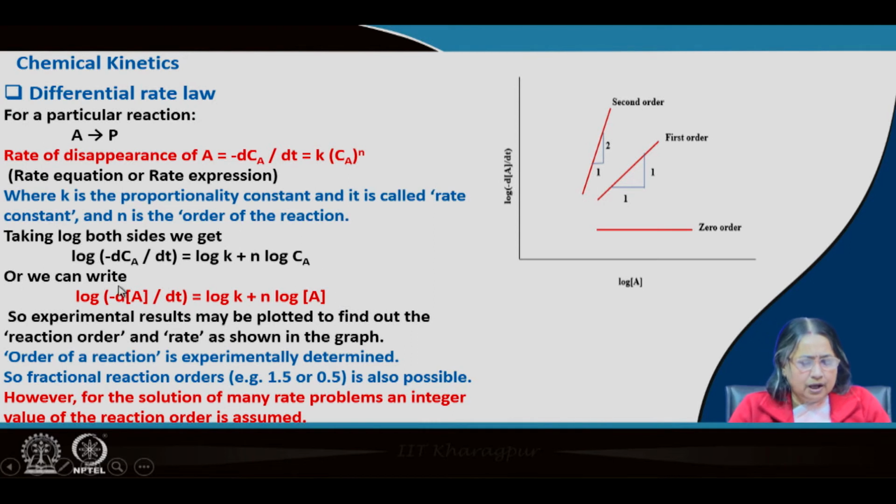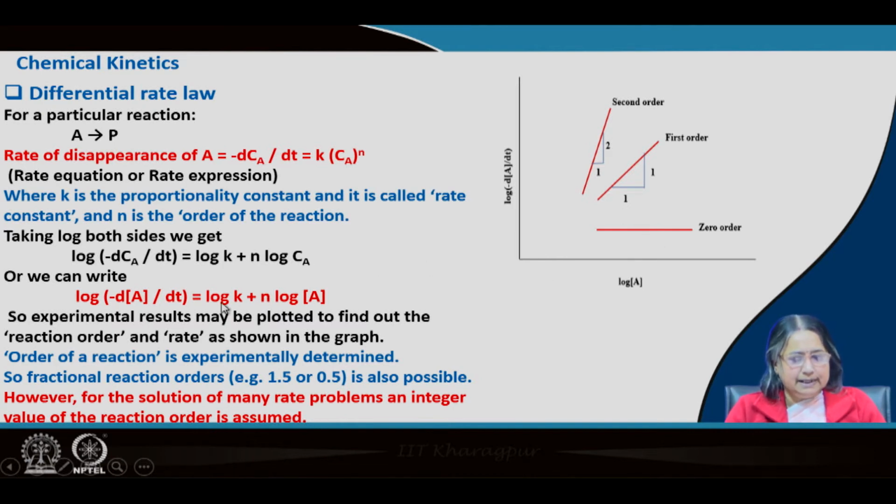Now, if by experiment you can determine the value of log of minus dA by dt, minus because A is the reagent, and log A at different concentrations of A, then if you plot log A on the x axis and log of minus dA by dt on the y axis, depending on the order of the reaction, you will get these curves.